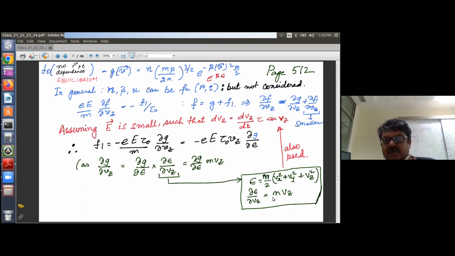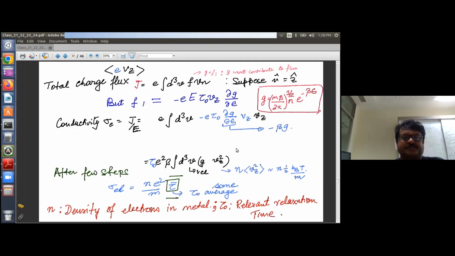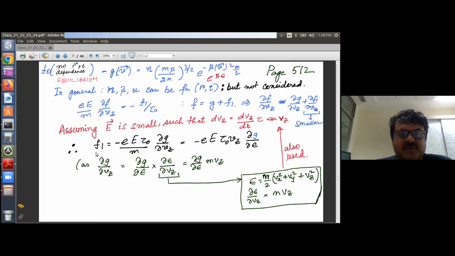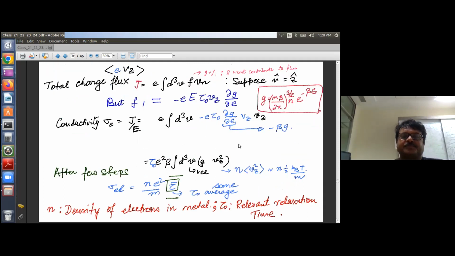This m and this m cancel, hence you don't see an m in this expression. Now you have an expression for f1 in terms of del g del E: how does g change with the energy? And other than that, you have these terms sitting here.